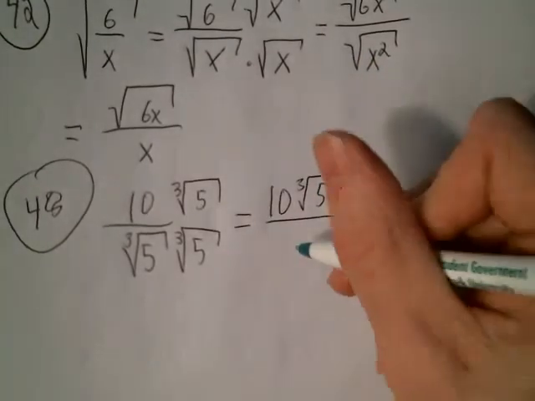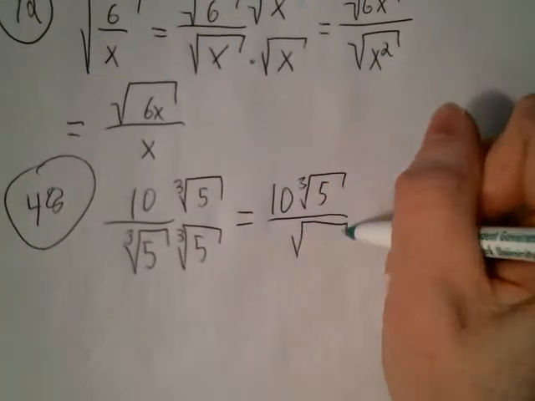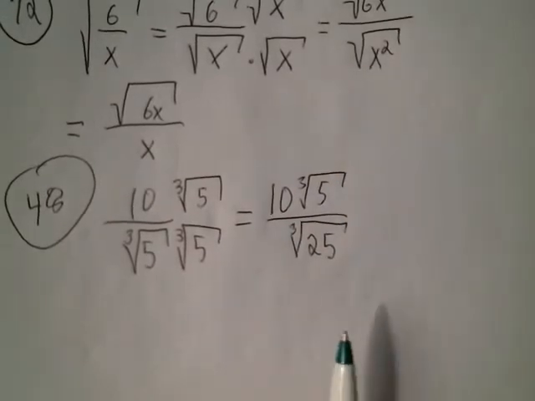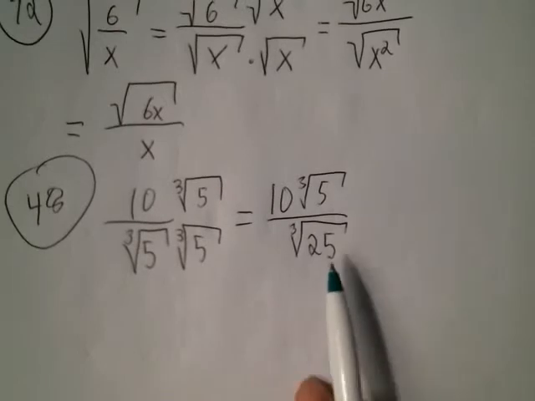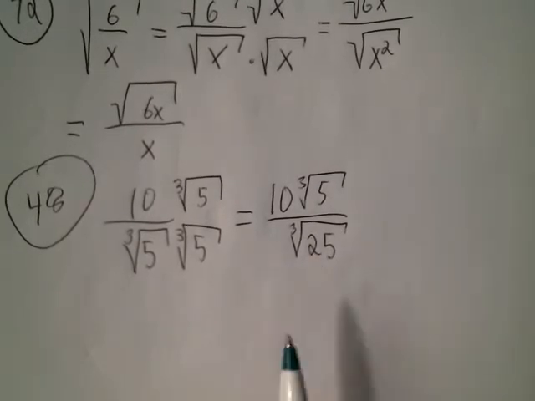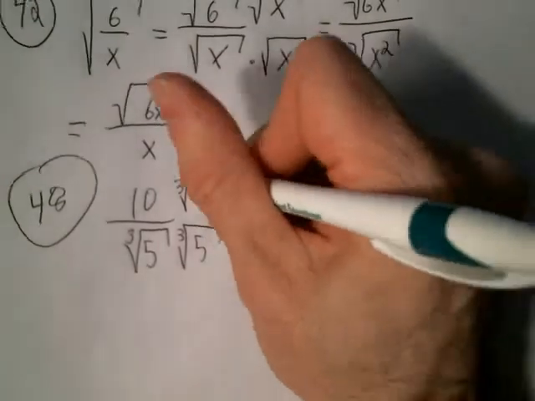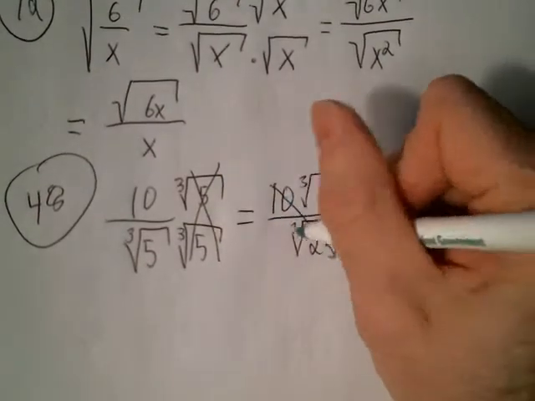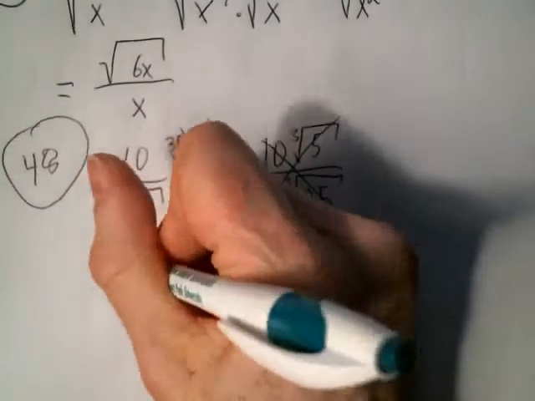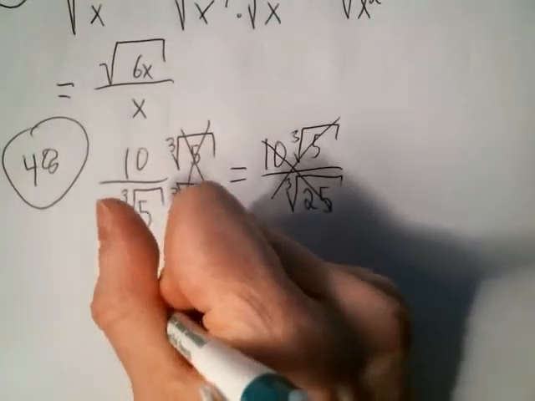In the denominator, I'll have the cube root of 5 times 5, which is 25. That's a perfect square, though, not a perfect cube. In order to get the cube root to go away, we need a perfect cube in there. So this won't work. This idea won't get rid of the cube root in the denominator. So that's what I'm saying: you have to be a little clever at times.